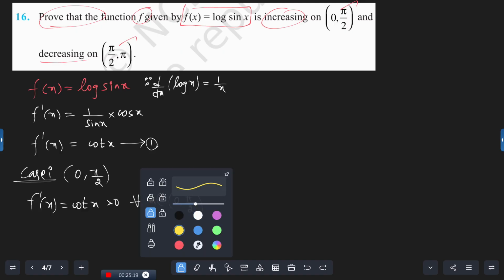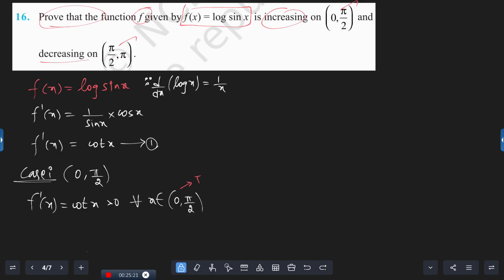Positive means greater than 0, which means increasing. Then f of x is increasing on 0 comma pi divided by 2.